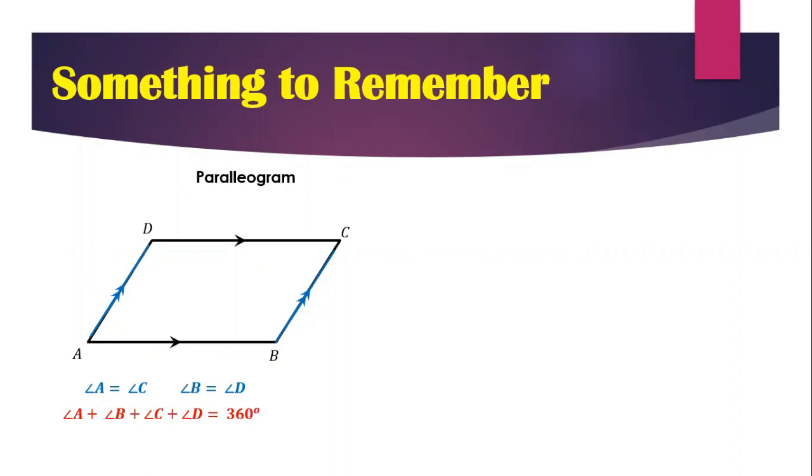Next, another property of the parallelogram. Look at the figure on your screen. Diagonal BD separates two triangles, triangle ABD and triangle BDC.